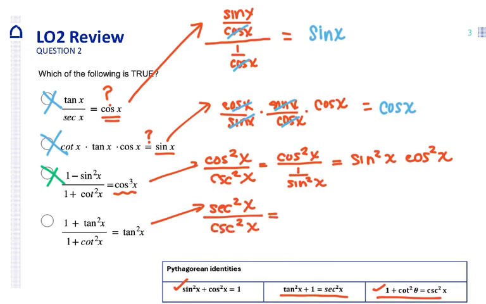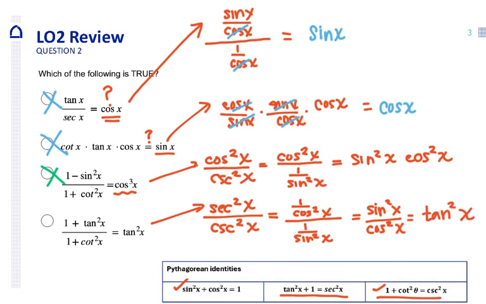If we turn this all into sines and cosines, this is 1 over cosine squared x on the top, and this is 1 over sine squared x on the bottom, which if you simplified this, that becomes sine squared x over cosine squared x, which in fact is equivalent to tangent squared x. Wow, finally we've got a match. So this does equal this, and we've got our answer.